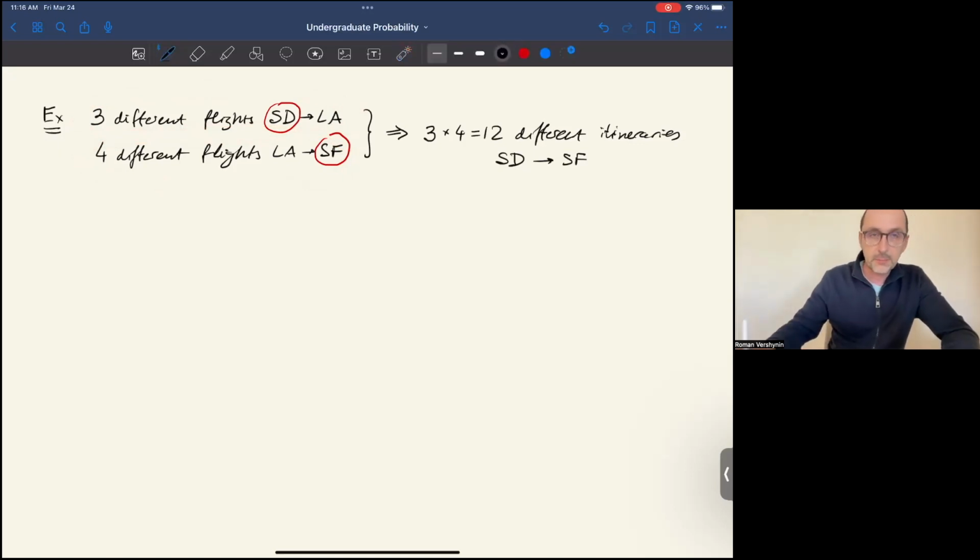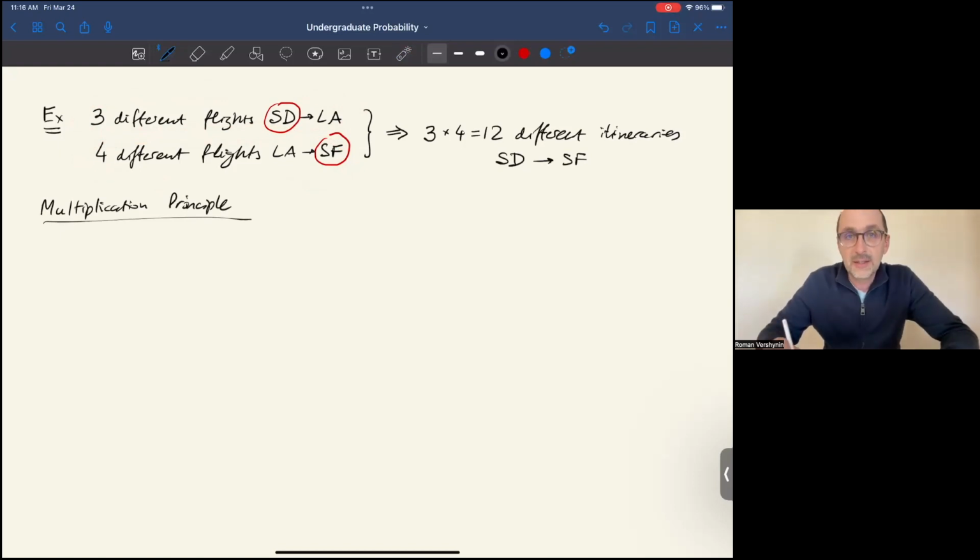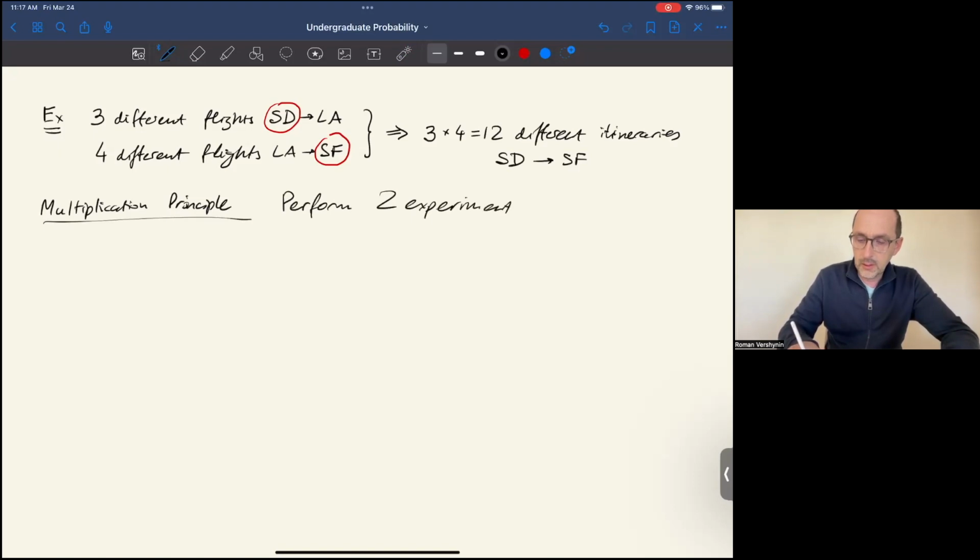Generally, this principle of multiplication is known as the multiplication principle. Let's state it in a very general form. Suppose we perform 2 experiments. In the example above, the experiments are choosing a flight from San Diego to Los Angeles, and then choosing the flight from Los Angeles to San Francisco.